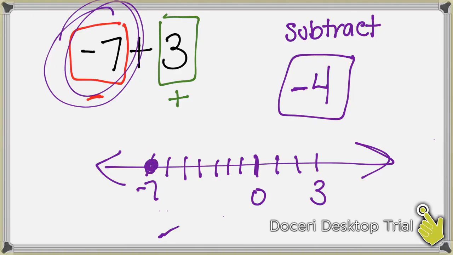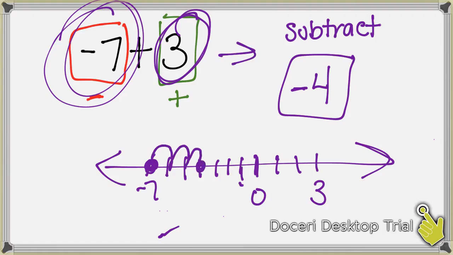So we're starting right there on the number line, and then it's a +3. Positive means we're going to the right. If it was negative, we'd be going to the left. So we're going +1, 2, 3. So now we're right there, which is -4, which is what my final answer was. So if you need a number line to help you, that's fine, but you should hopefully be able to follow the rules that I'm giving you to solve them.